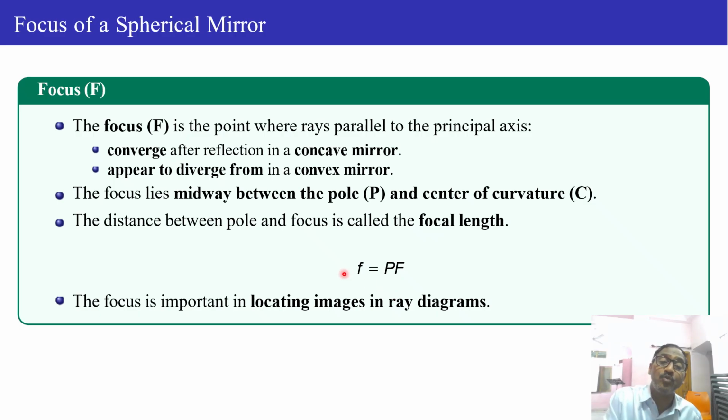That is the focal length, small f. The focus is important in locating images in ray diagrams. In ray diagrams, to locate the images, the focus plays a very important role.